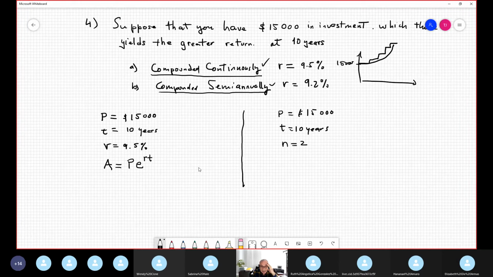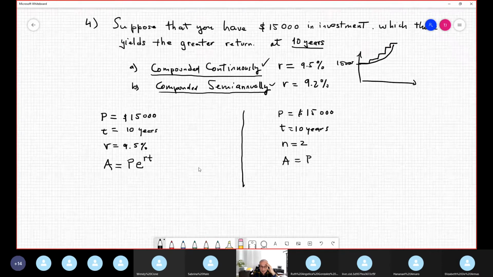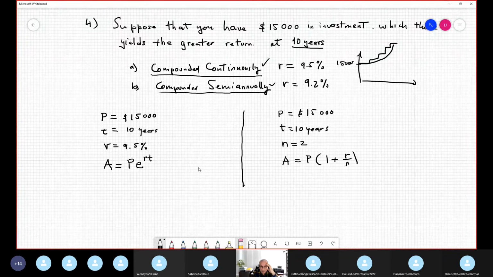That means our money increases 2 times in 1 year. Actually, we have 10 years, so it's 20 times throughout the period. And the formula is different. Future value equals present value times (1 plus r over n) raised to the nt.